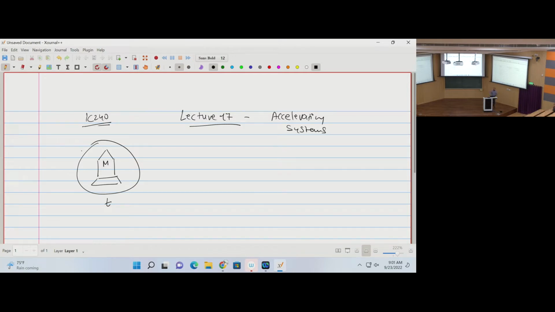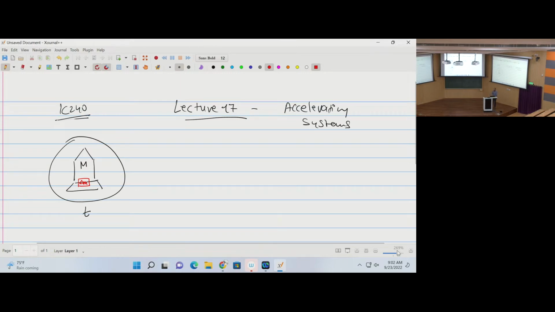That's the mass of the rocket, plus, just for definition, a delta m mass of fuel plus oxidizer that is about to burn. So when I say fuel, that means both fuel and oxidizer. It's about to burn. So at time t, the mass of my system is capital M plus delta small m. That's how I've defined my system.